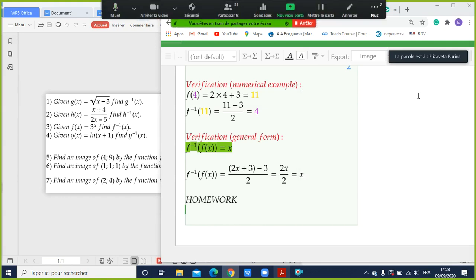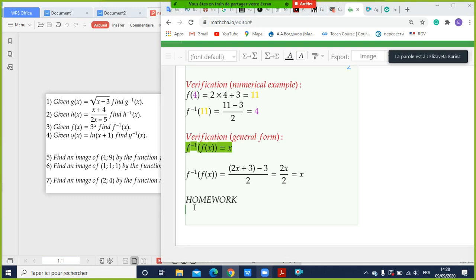So, first one. Given g of x is equal to square root of x minus 3, we need to find the inverse. So you now have two options, right? Either you just substitute the letter and express one in terms of another, or you think of what the function does and try to come up with a function that undoes it.